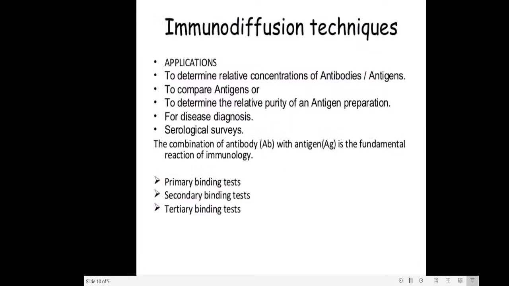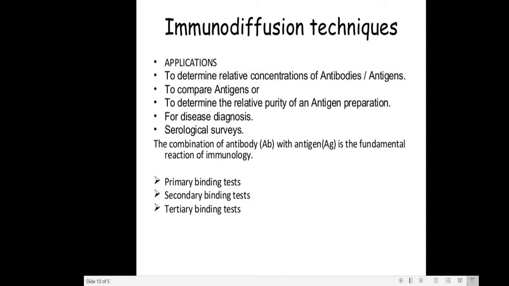Then next, first is the microbial techniques. Then we are going to discuss the immunological techniques. In these immunological techniques, what is the application? It's diffusion. Diffusion means binding, it makes a combination. It is helpful to find the concentration of antibody and antigen. It compares antigens and determines the relative purity, how pure the sample is, and it is used in diagnosis and serological surveys.